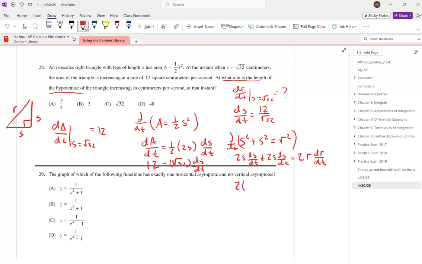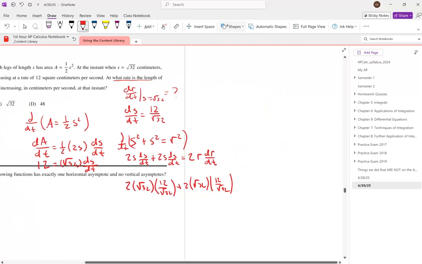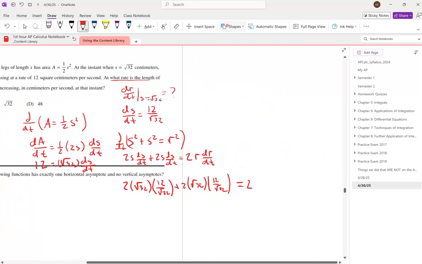So I have 2 square root 32 times 12 over root 32, plus 2 root 32 times 12 over root 32, equals 2r dr/dt. And I don't have an r here, right? But that's the last thing I'm going to need. How am I going to find the r? Yeah, just the Pythagorean theorem, right? We're told s is root 32, so r is 8.